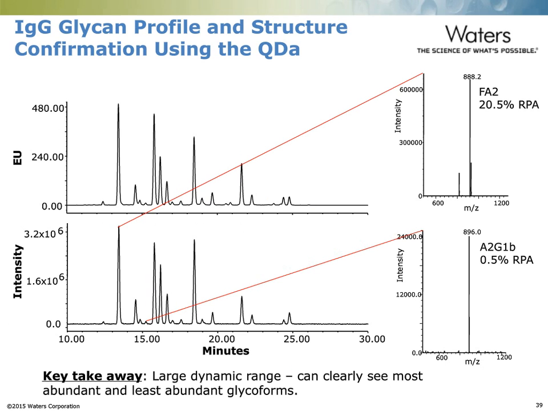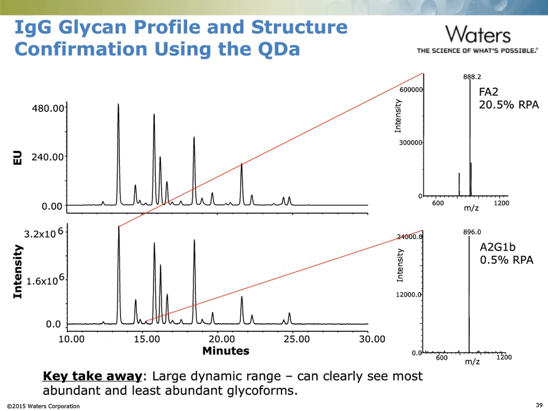Another aspect of doing released glycan analysis, in addition to being able to detect the various forms of the released glycans and various structures, is to be able to detect those structures over a wide range of relative percent within a released glycan sample. So we show here the released glycan profile for an IgG. This is actually the reference standard that Steve had referred to earlier that we provide as part of the RapiFluor-MS labeling solution.